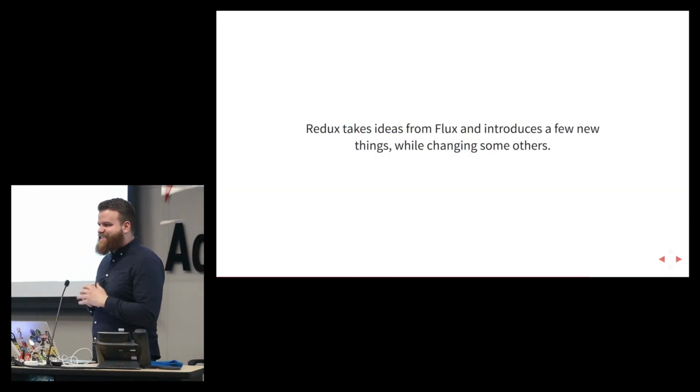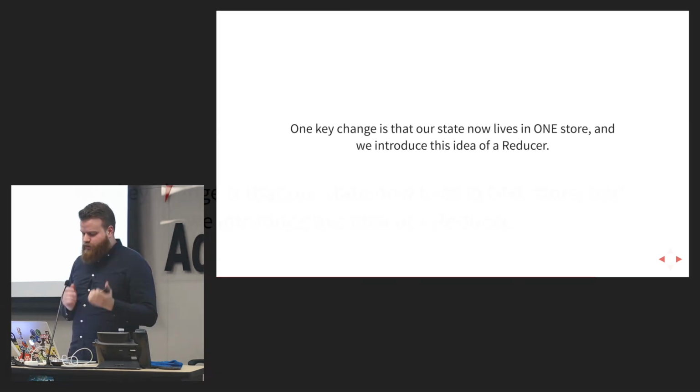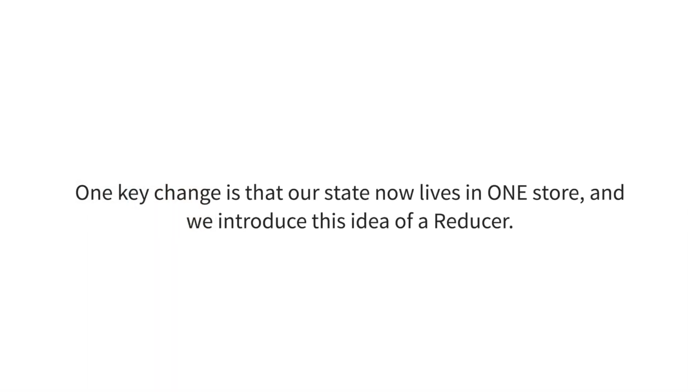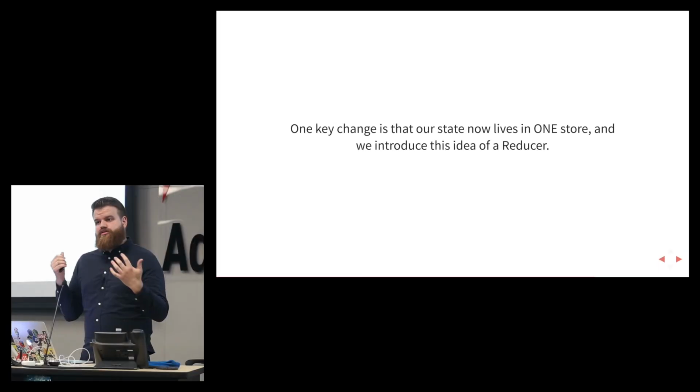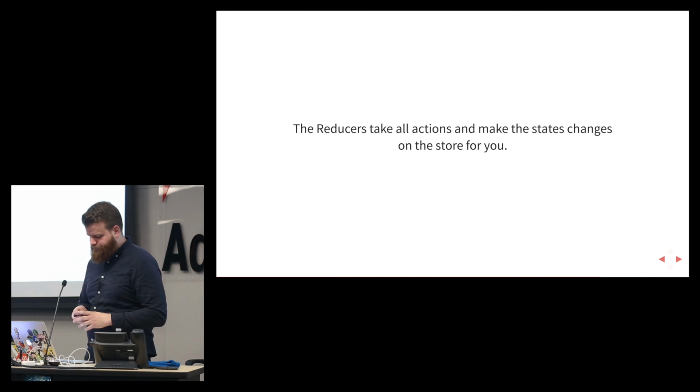So Redux takes ideas from Flux and introduces a few new things while changing some of these things along the way. One key change is that instead of having many stores, we now have one store, so one state, one key source of truth, which is one of the principles of Redux. And we have what we now call reducers. The reducers act on the different parts of our state.